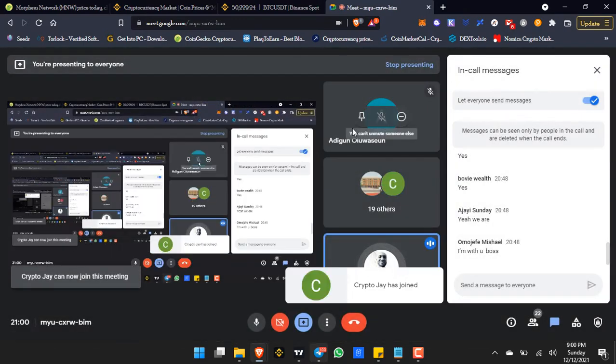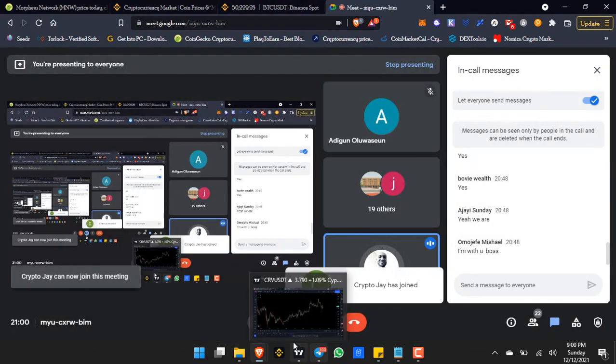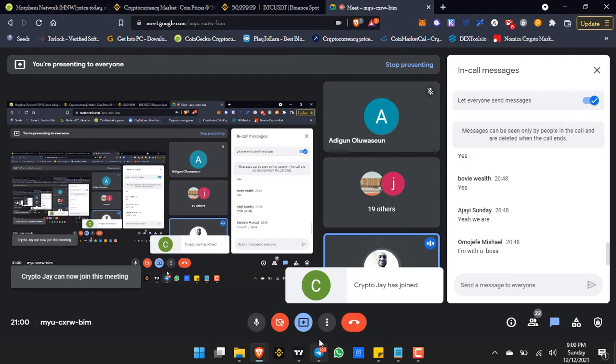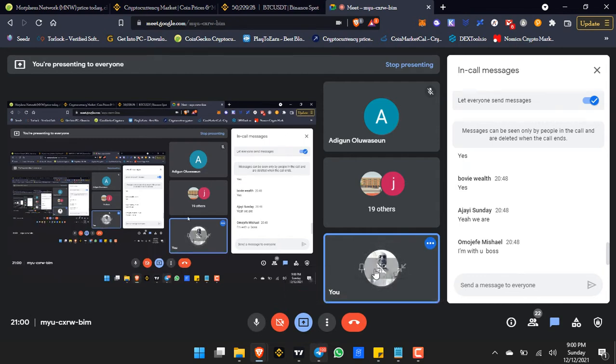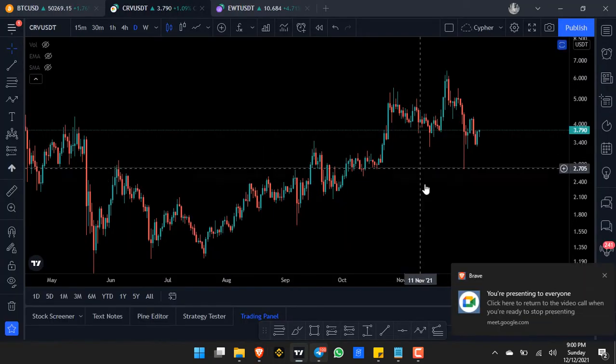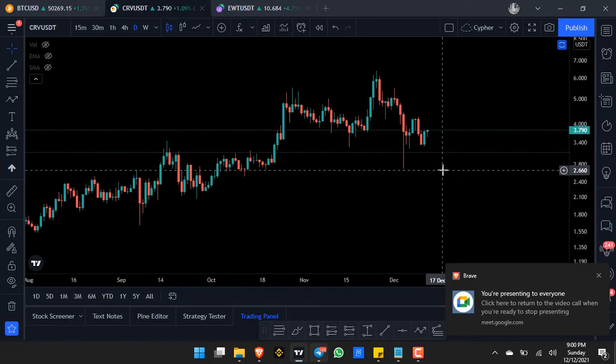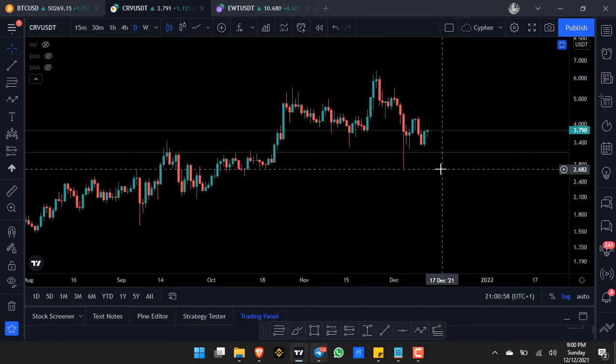Now let me ask us this. I'm going to let one or two persons unmute their mic so that they can answer this question. Have you noticed that sometimes you buy an asset, and it is the time that you bought that asset that the asset will start going down?